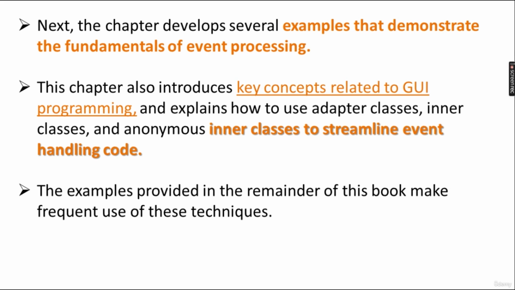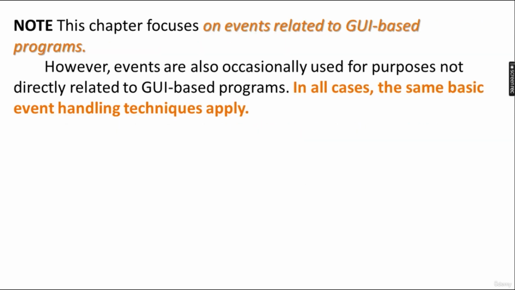Several key concepts or basic guidelines related to graphical user interface programming will be introduced here. The examples we provide in the remainder of this course make frequent use of these techniques. This chapter focuses on events related to GUI based programs which have text boxes, buttons, etc.